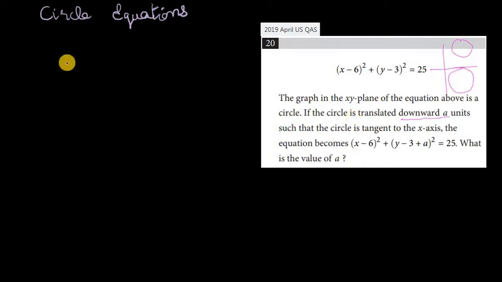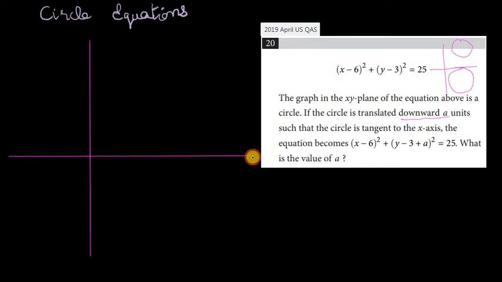So to make that easier for us, let's try and sketch a graph of this circle. Let me draw my y-axis, and this is the x-axis, and let me label it up a bit. 1, 2, 3, 4, 5, 6, 7, 8.